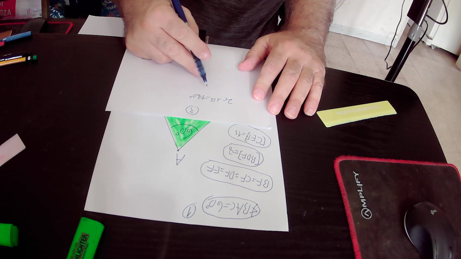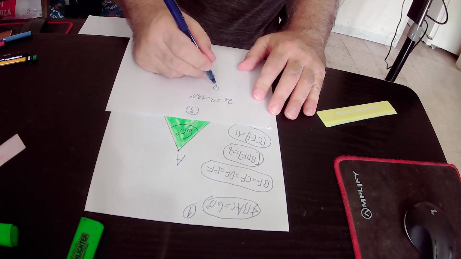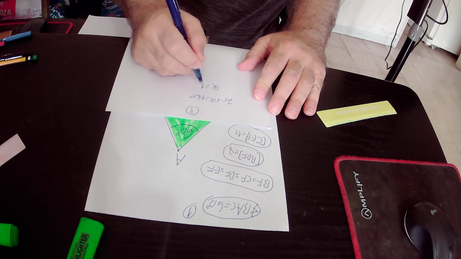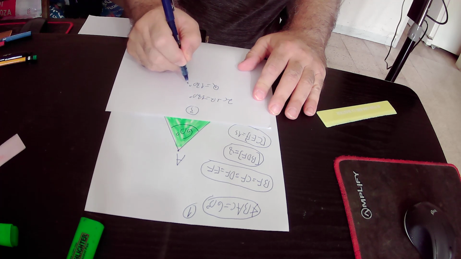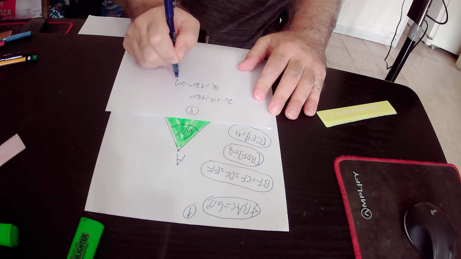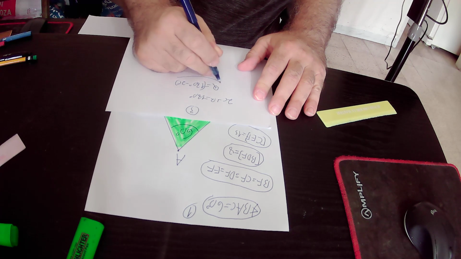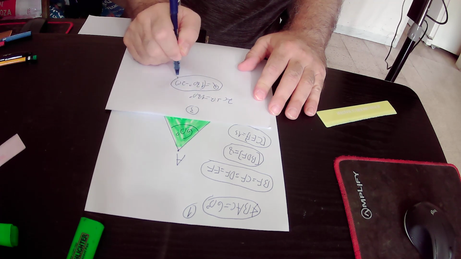We will subtract 2C from this equality, and we will get that Q equals 180 degrees minus 2C.